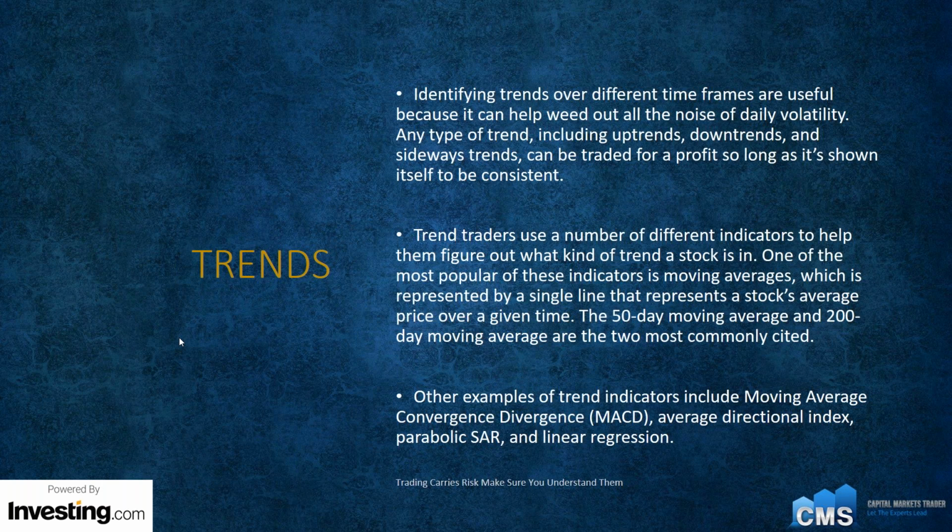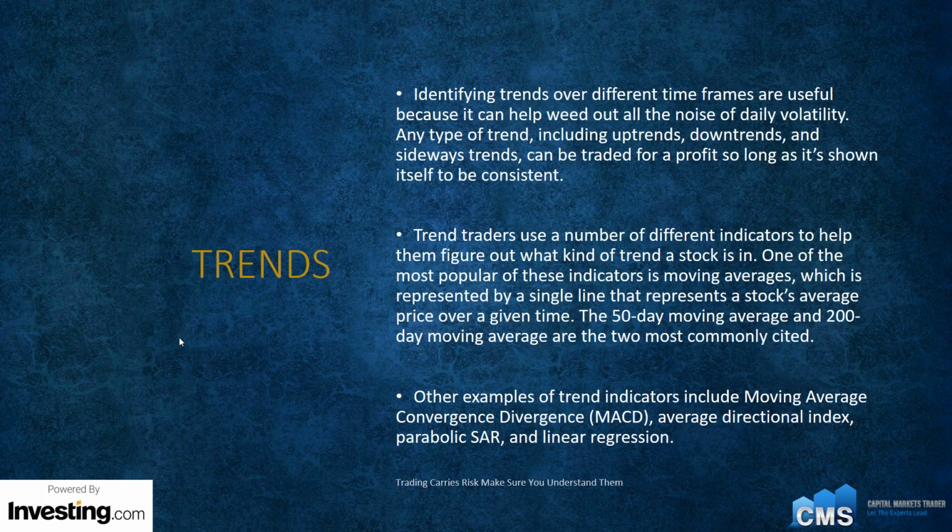You can use a 50-day moving average and a 200-day moving average. If you're using slow-moving stocks, you can use different combinations. But moving averages tend to smooth out price and help predict where price is going.